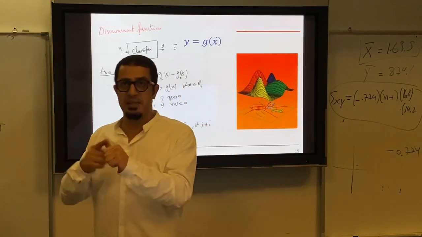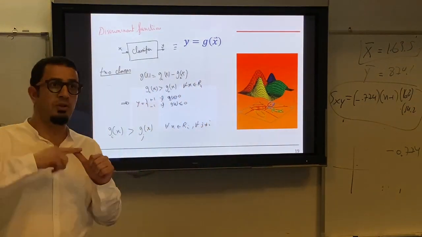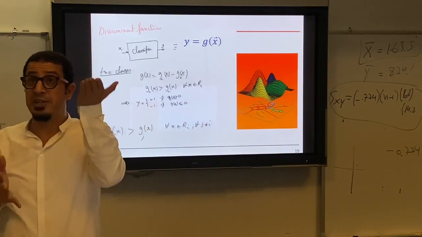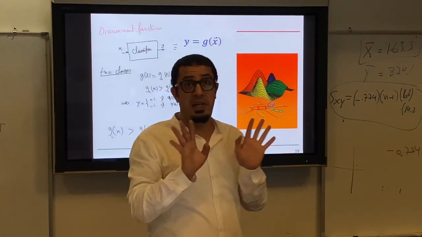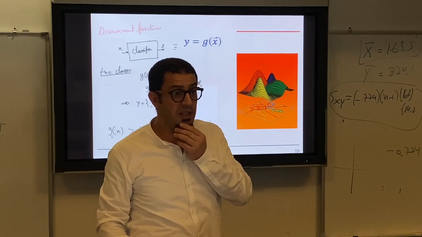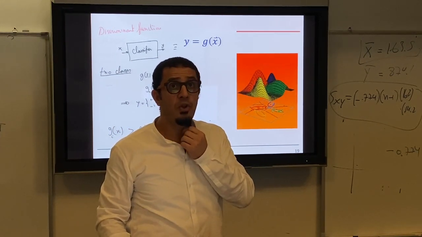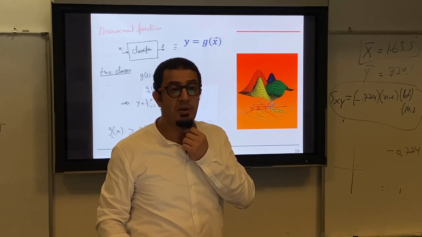What is the probability that X belongs to the red? The probability to belong to the blue one? The highest one is most likely the class. Clear? So you can see here G1 and G2 are like the probability of belonging to this class.